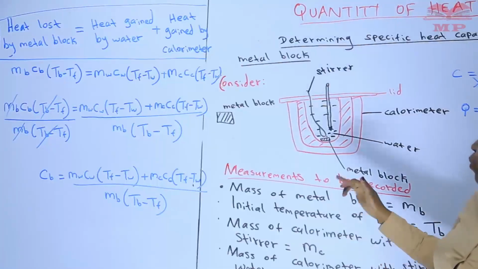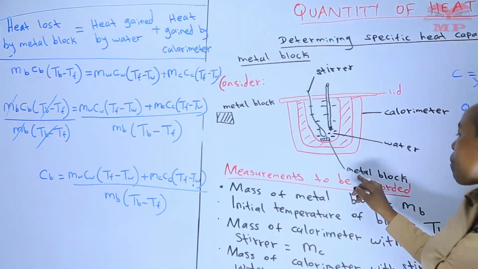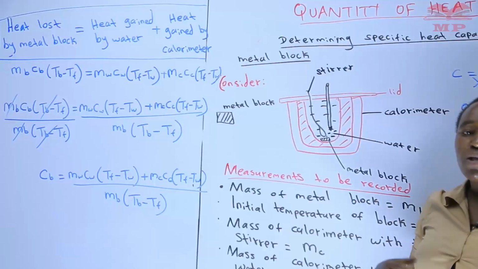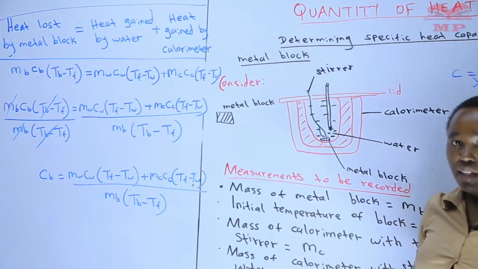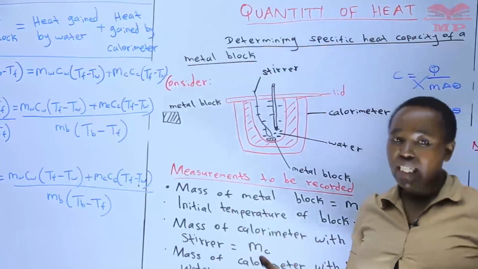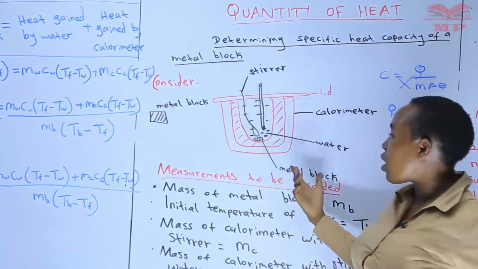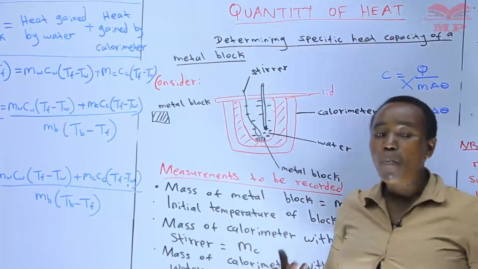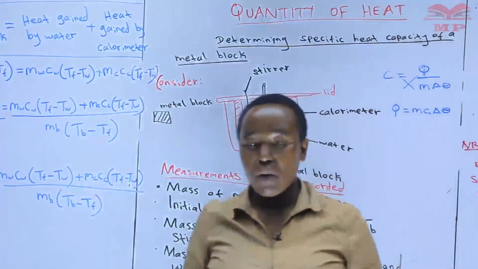In our case here, we are taking the substance to be a metal block. It must not only be for solids. We can also use it for liquids, but we'll see this more in our numerical calculations.